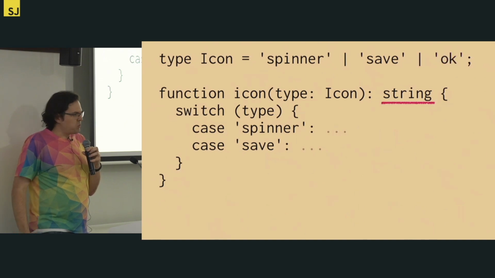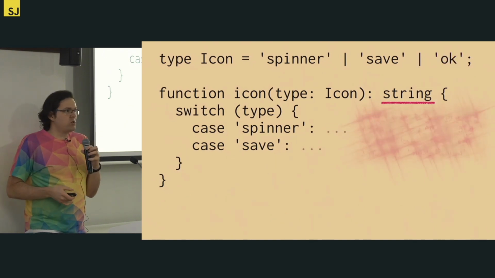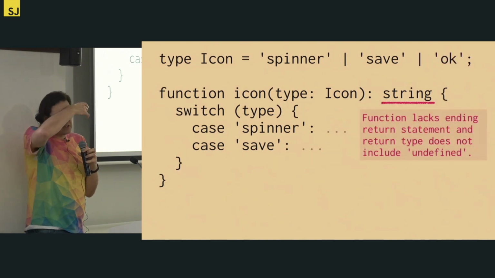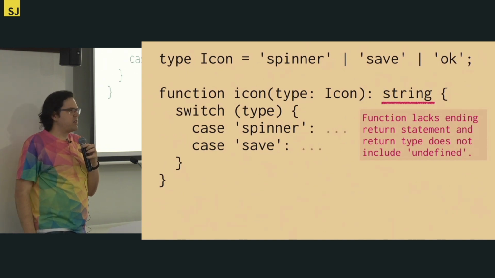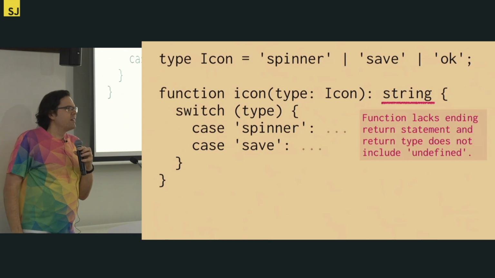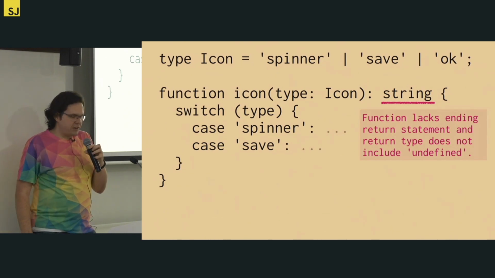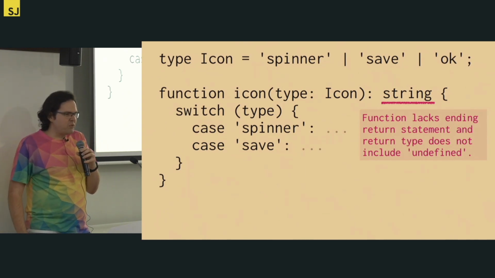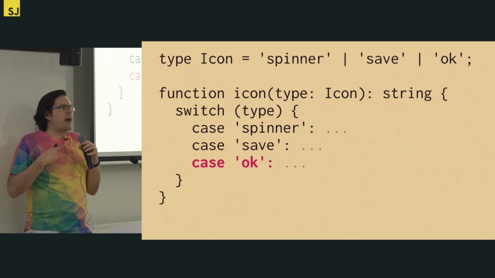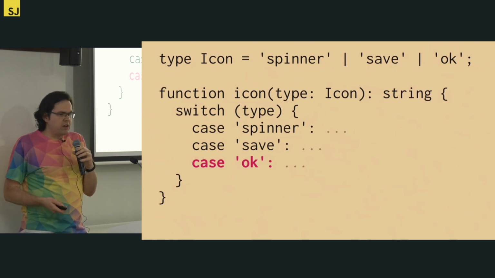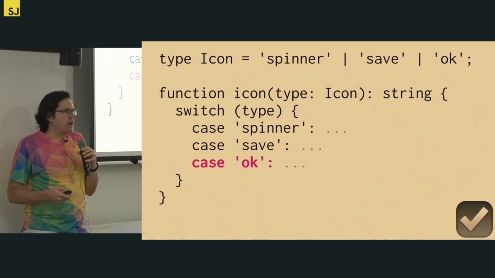Then TypeScript will actually figure out you're missing something. It'll give this horrible error message, like function lacking return statement and return type does not include undefined. What the hell? I thought Haskell had worse errors than, anyway, whatever. It's suboptimal, but it at least tells you, by the way, you're sometimes returning undefined, and so if we add the possibility for this OK icon, suddenly TypeScript's happy, and it's good.